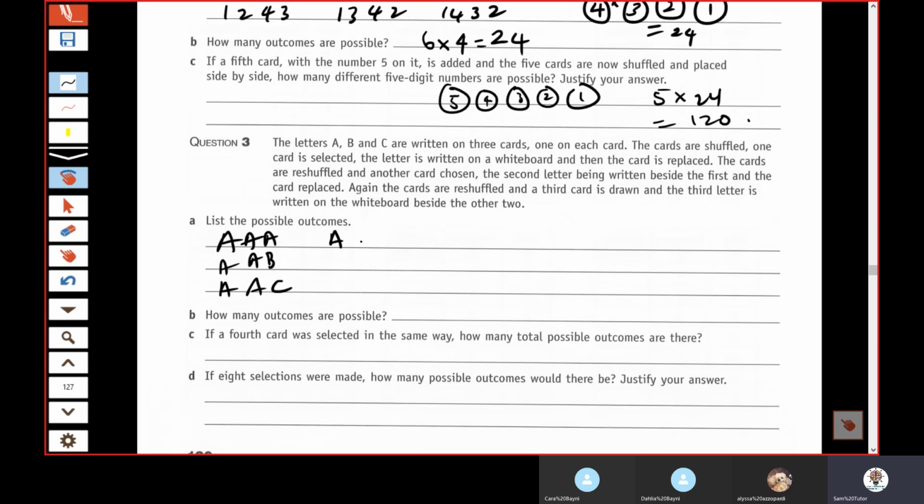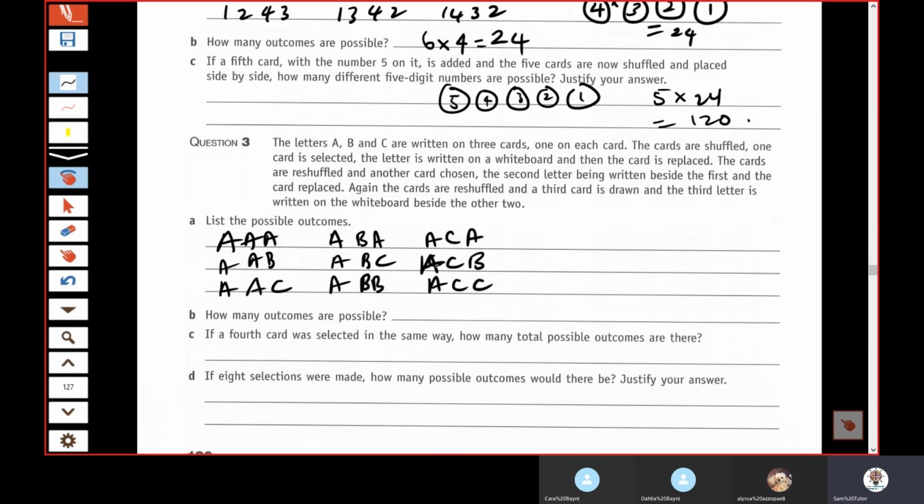Then you could get ABA, ABC, you could even get ABB. That's it with B's as your second column. Then you could get ACA, ACB, ACC. See how I'm trying to keep the first one always the same?